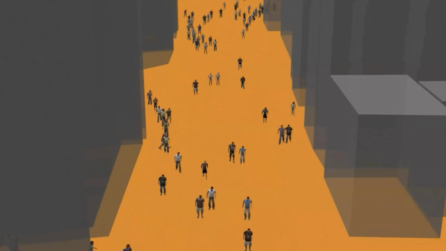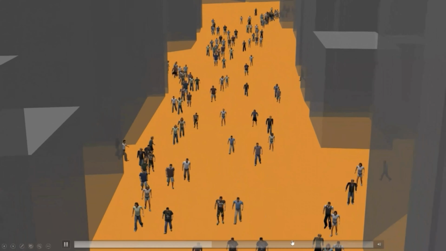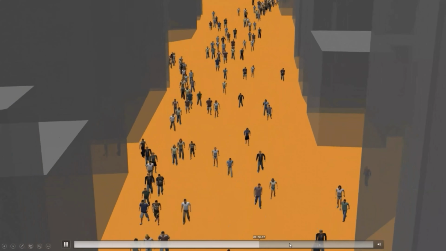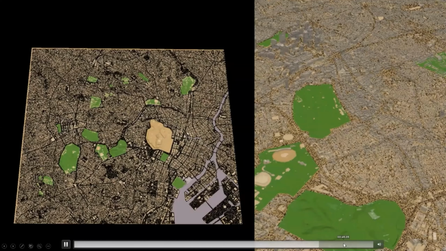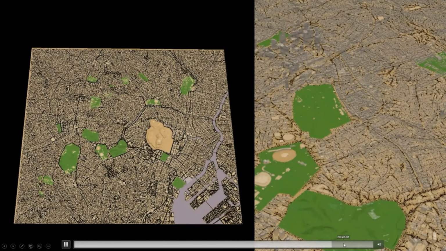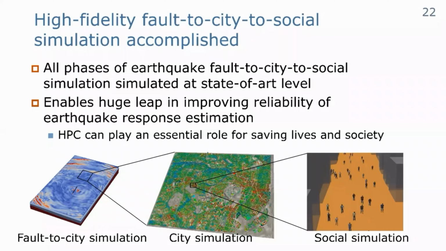All the behavior is simulated by the multi-agent simulation. So this is the result. We conduct a high fidelity fault to city to social simulation, with all phases of the earthquake simulation at the state-of-the-art level.